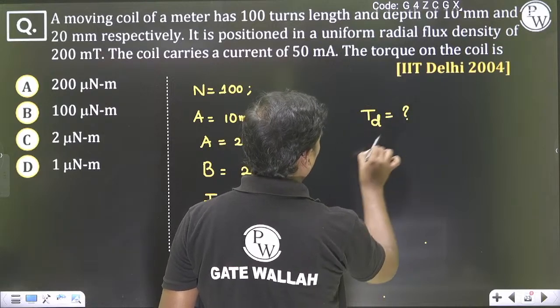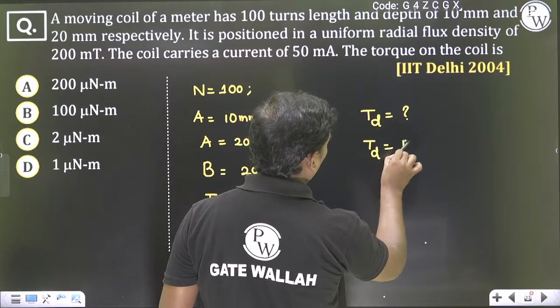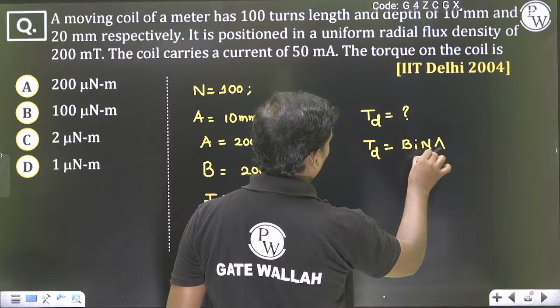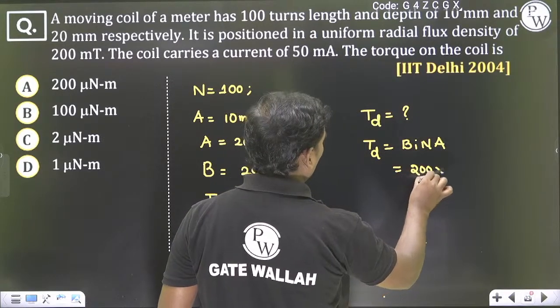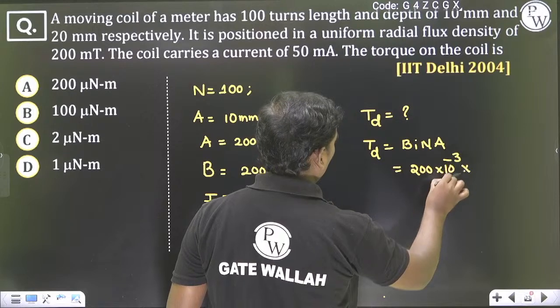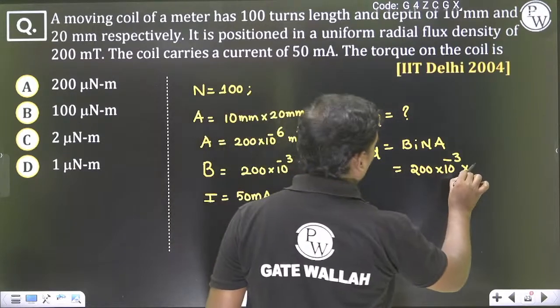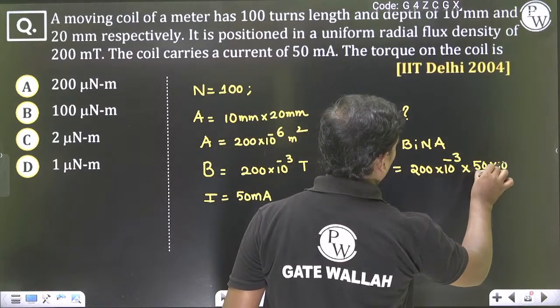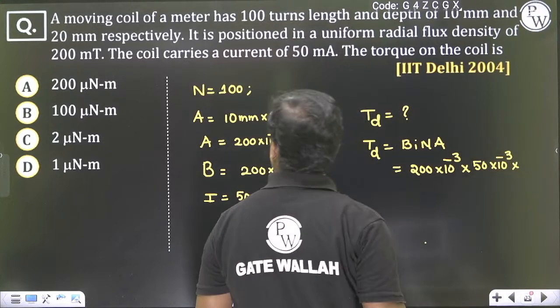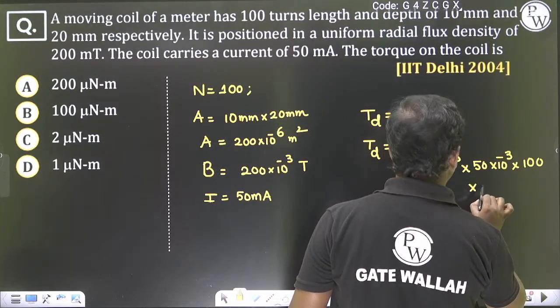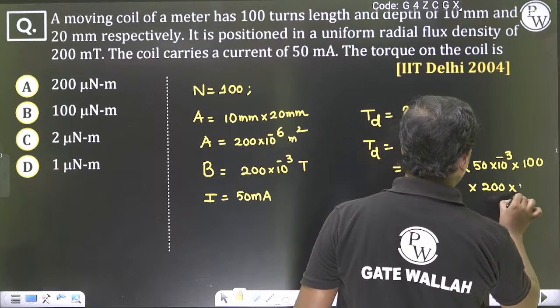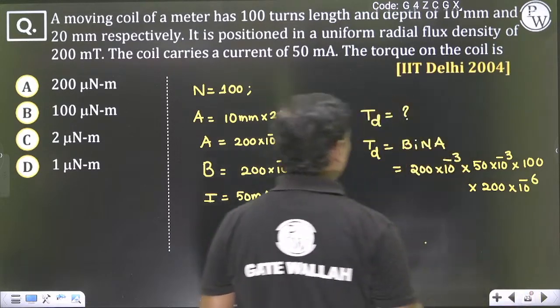Directly we can use the formula, deflection torque is equal to B I N A. B is given as 200 into 10 power minus 3, current is given as 50 milliamperes, 50 into 10 power minus 3, number of turns is given as 100, and surface area is given as 200 into 10 power minus 6.